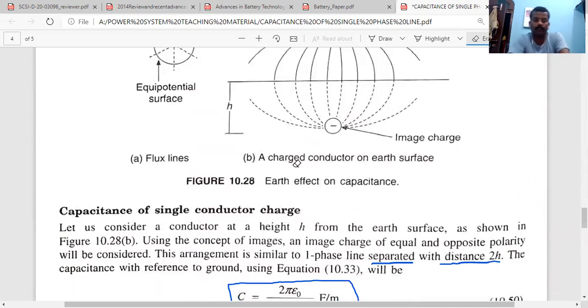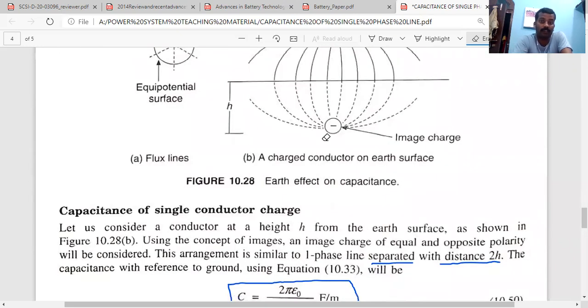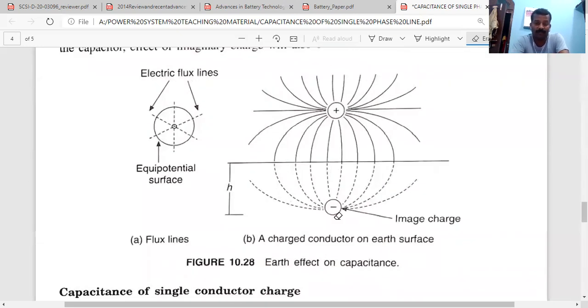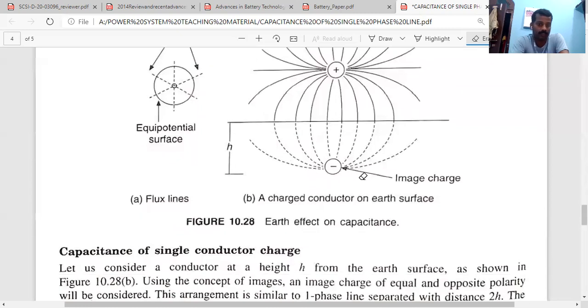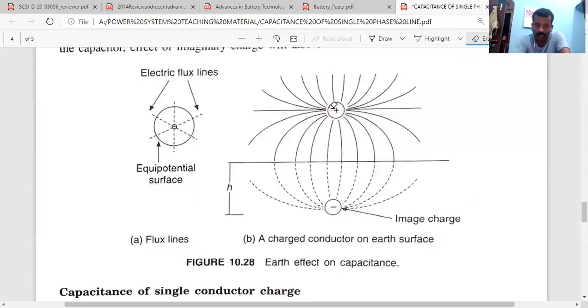Now, if we consider the assumption, then what will be the capacitance of the conductor due to the Earth? Now we can apply the same concept as above. This arrangement is similar to the single-phase line with separation distance 2h, meaning the distance between these two conductors is 2h.